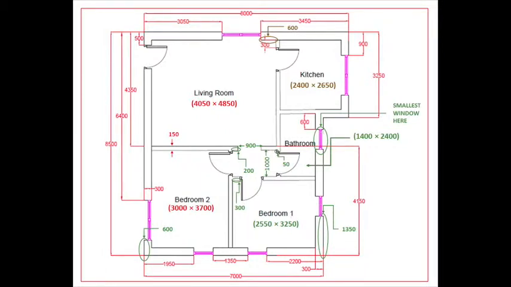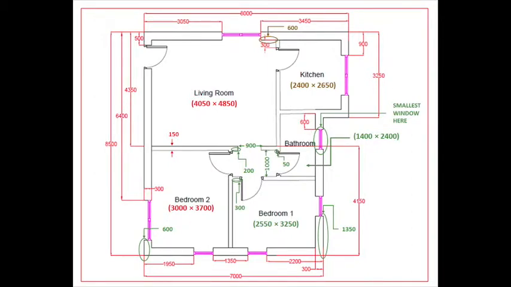But in the bathroom, I assume it to be 500, because normally a bathroom will have around a 400 to 600 mm square window. So this is probably 500 over here.